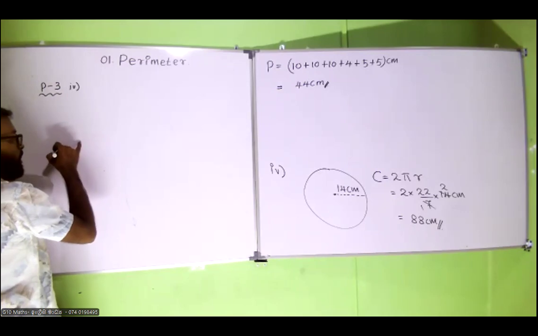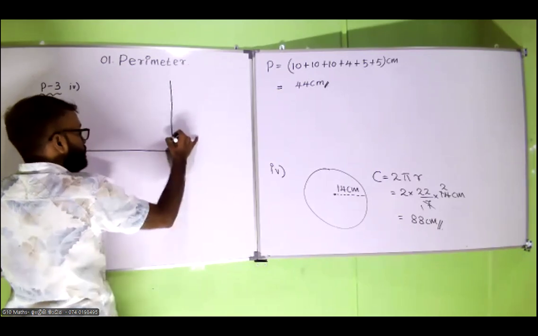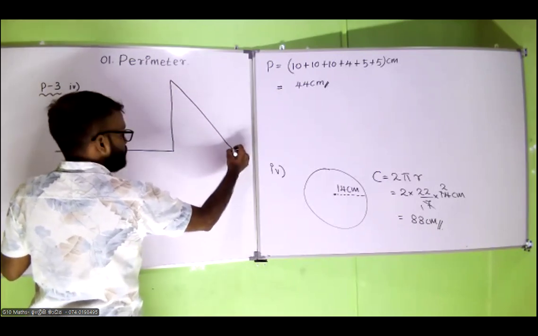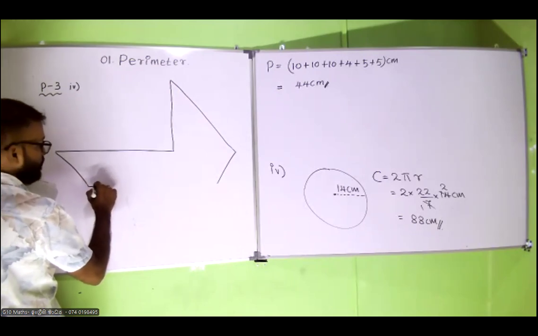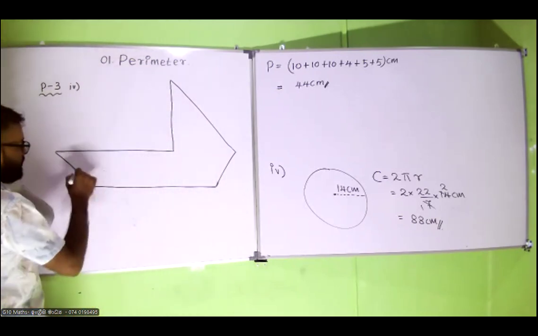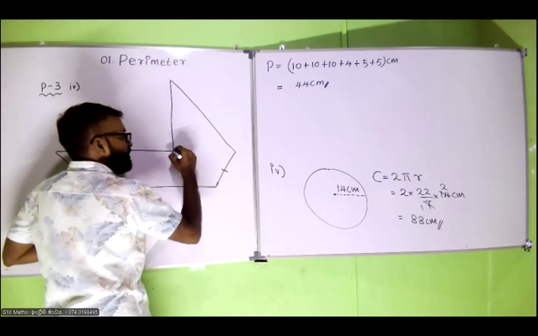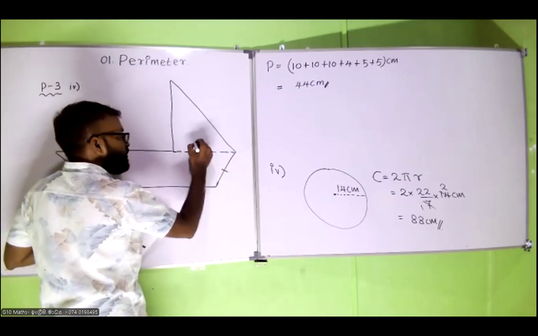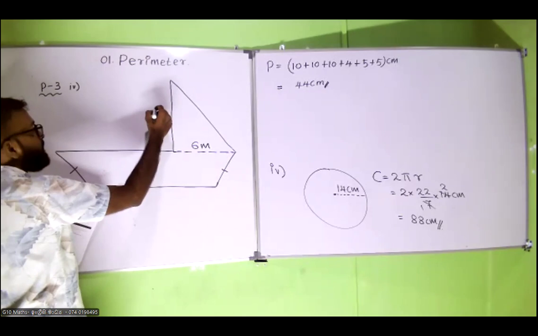This is something like a boat. This length equals this length, and this dashed line has been given as 6 meters. Then this length has been given as 8 meters.